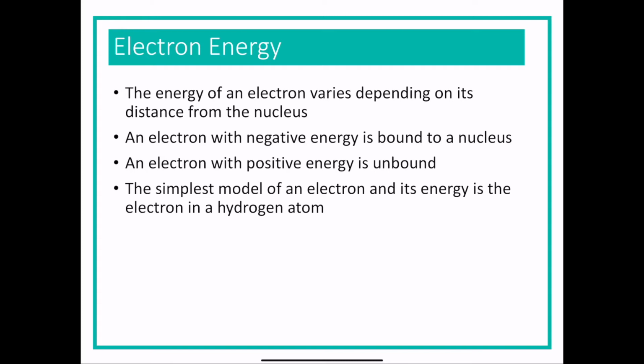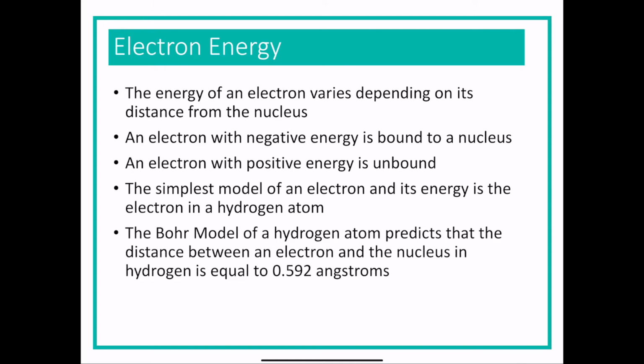We talked only briefly for a minute about the Bohr model of the atom, which comes up in chemistry, and the Bohr model of a hydrogen atom states or predicts that there's a certain distance from the nucleus to the electron that exists in hydrogen. So that was figured out well before quantum mechanics was started.